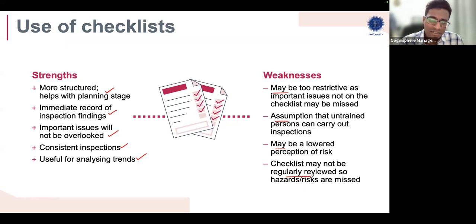So checklist is very important as part of inspection. And then who would be carrying out the inspection? A competent person. Okay. And then as a competent person, they also need to ensure how frequently the inspection would be happening, whether it is a daily inspection or a weekly or a monthly or a quarterly inspection.